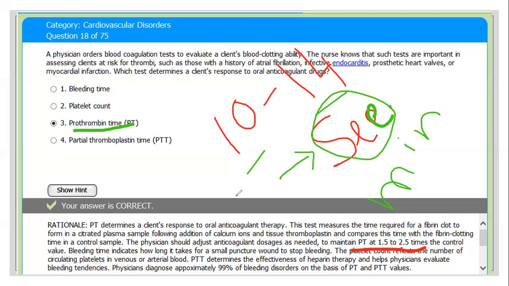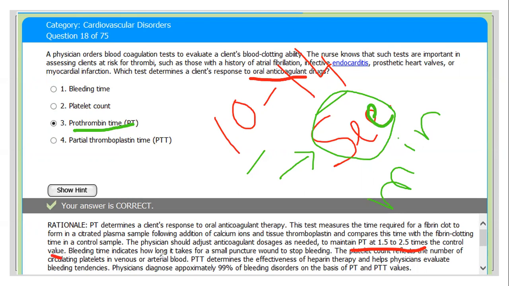But when your patient is under oral anticoagulant warfarin or heparin, that time is different. So the physician should adjust the anticoagulant dose as needed to maintain PT at 1.5 to 2.5 times the control values. When you are under anticoagulant, that time is okay.